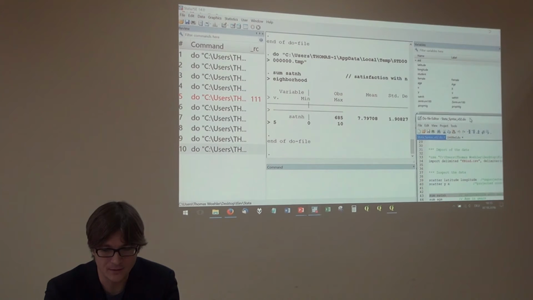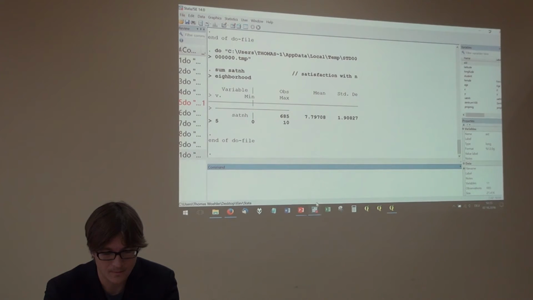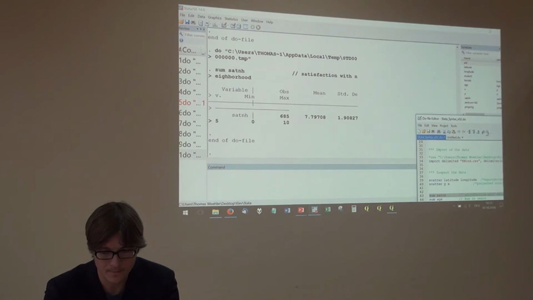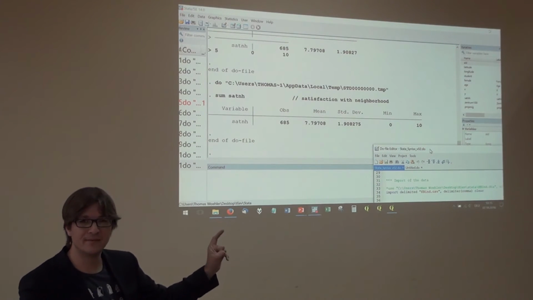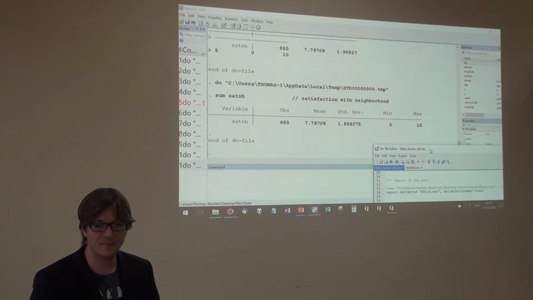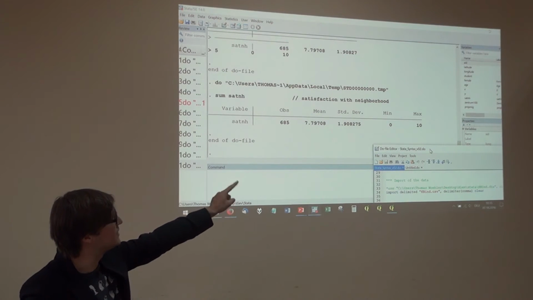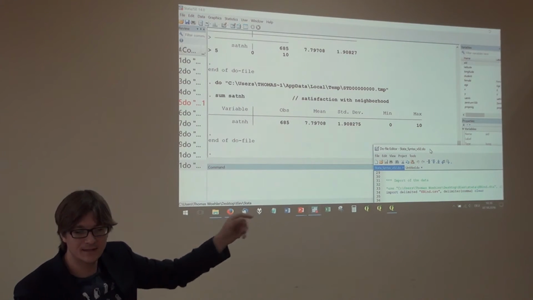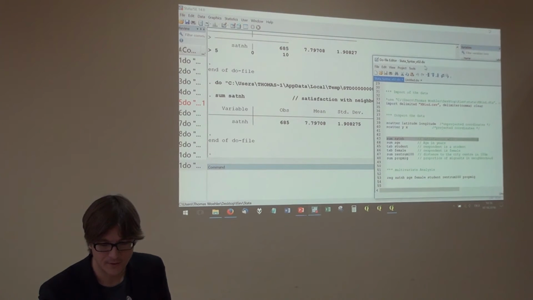I run it again, and I see for this dependent variable I have 685 observations with a mean of 7.79. It's a scale from 0 to 10, min and max, and there is a standard deviation and so on.